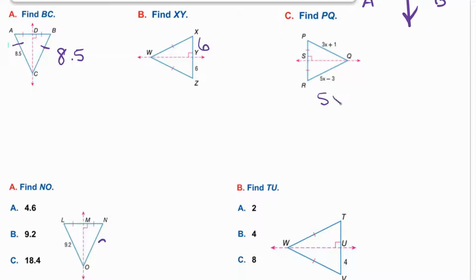To find PQ, we would set the two segments equal to each other, solve for X, and then plug the X back in to solve for PQ.